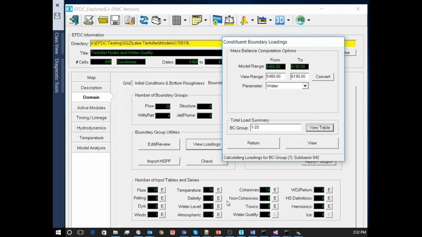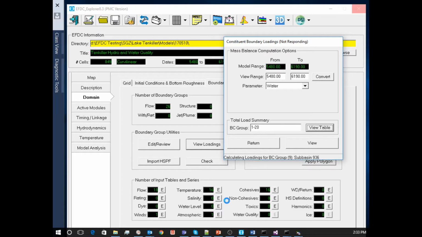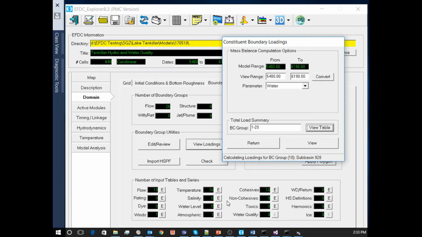We'll let it crank through, and then it'll pop up a table in a bit. It's a 2-year simulation, full-blown water quality.